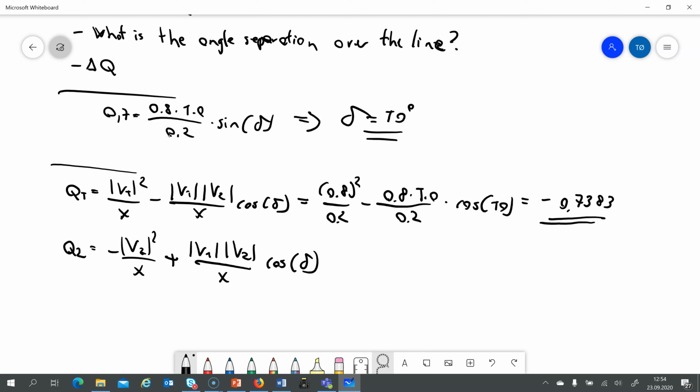Yes, that's the expression, and let's fill in the values, like this, and it gives minus 1.0617.